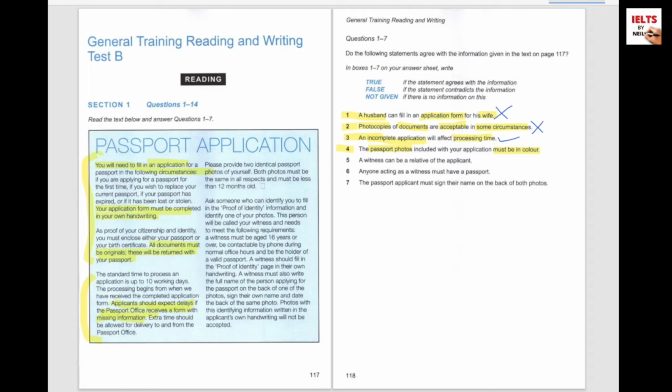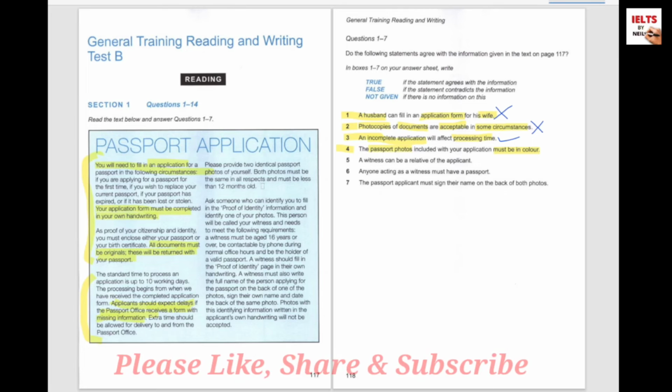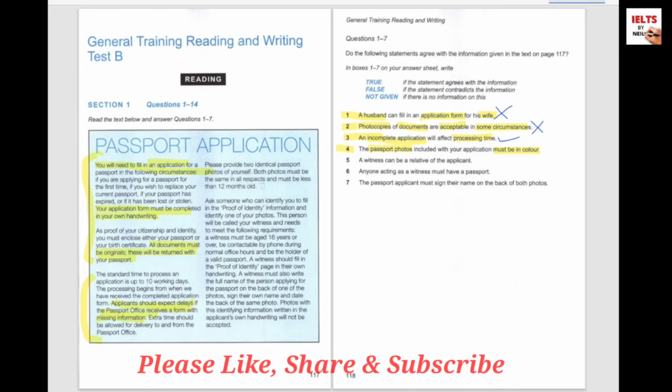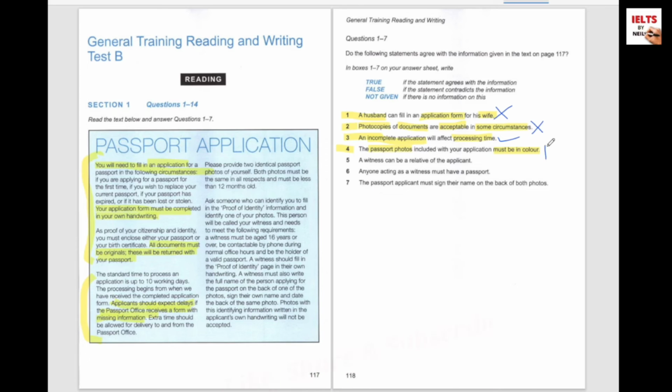They have simply not mentioned anything about the photographs being colored or not colored, or maybe some other color like black and white. So there's nothing mentioned about that, so it would be not given. I hope it's getting clear to you.